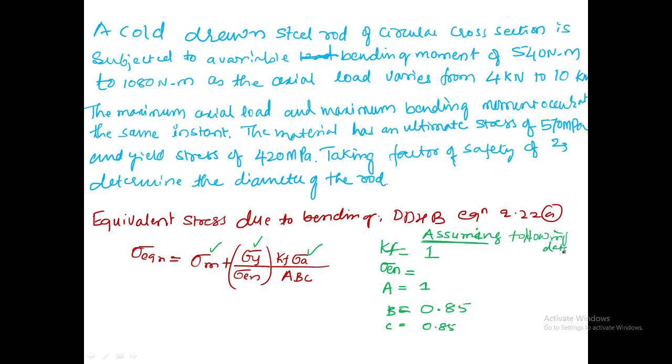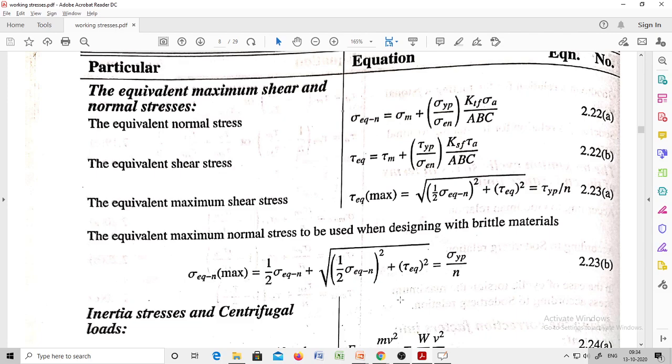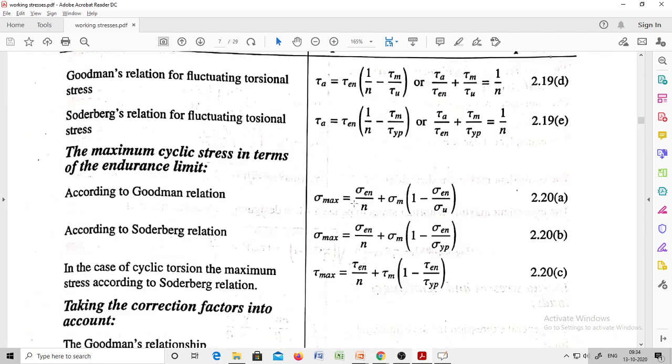Now, sigma en. Let us go for sigma en equal to 1 by 2 times sigma u. Already you know the ratio. So how can we calculate the value of sigma en if it is subjected to tensile stresses? We can look in the data handbook.